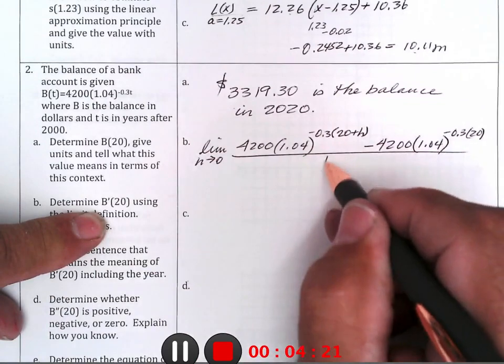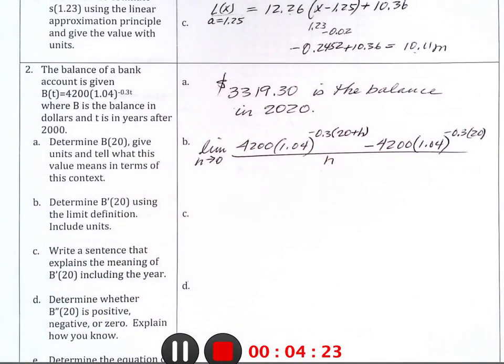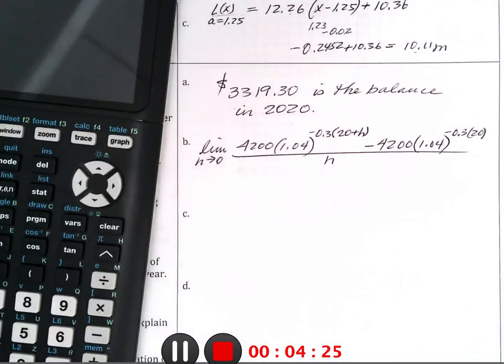And several people had that right, but when they typed it in their calculator, they did something wrong.